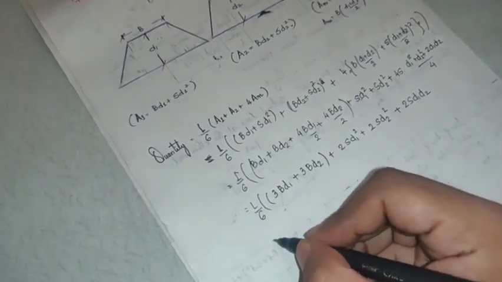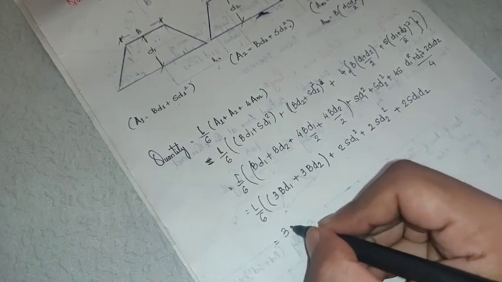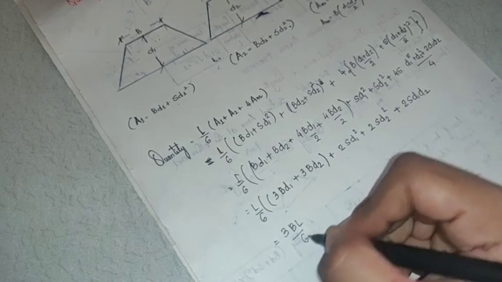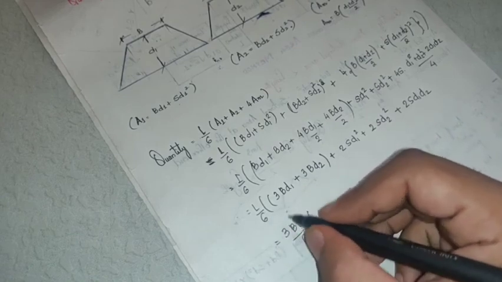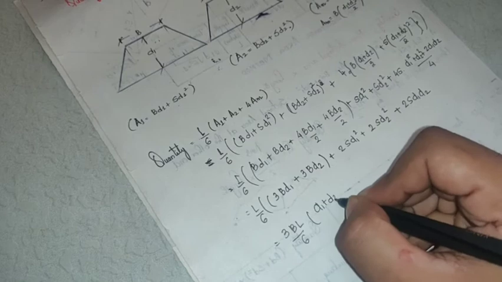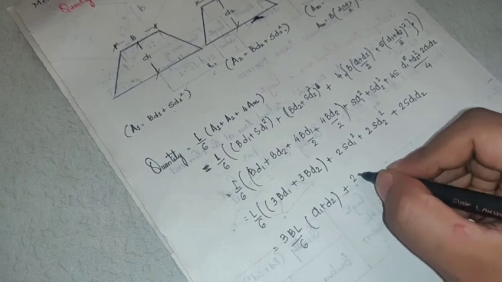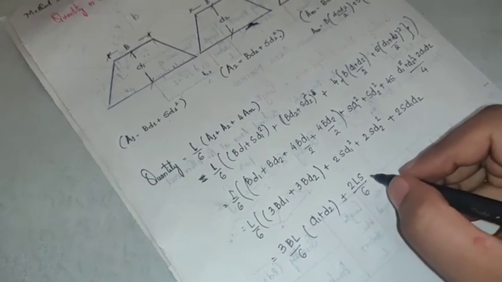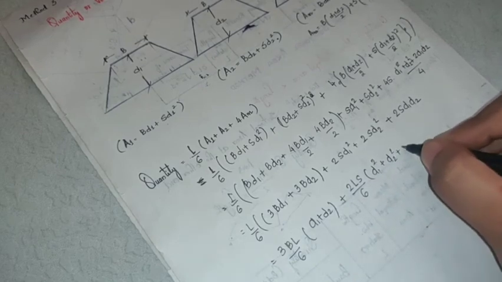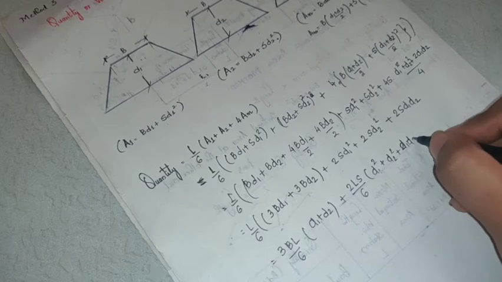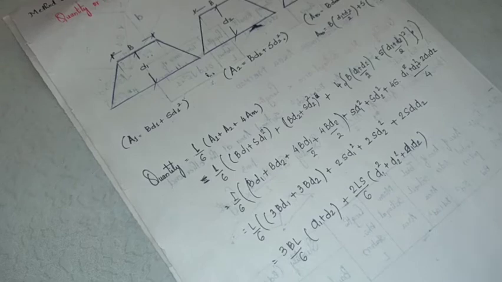Now I'll multiply this L by 6 inside. So B is common, I'll take 3 L B by 6 common, and this is D1 plus D2, plus, for the other part, it will be 2 L S common by 6, and in bracket it is D1 square plus D2 square plus D1 D2, because I have taken 2 and S common.